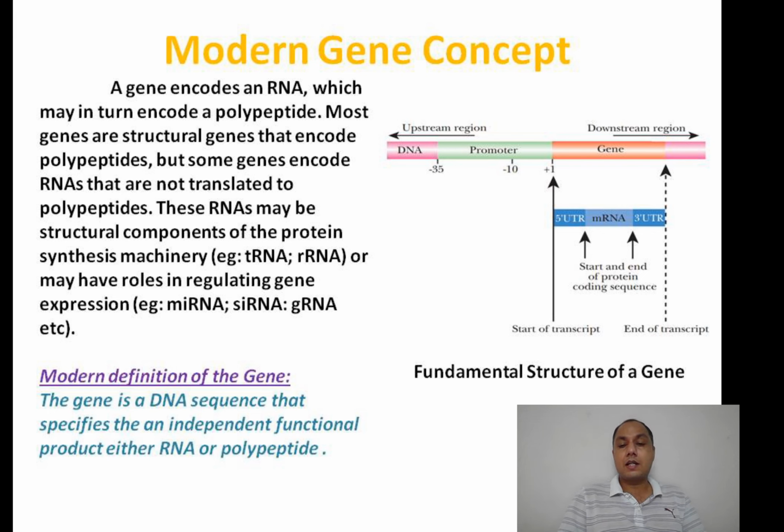Another one, tRNA, transfer RNA, rRNA, ribosomal RNA. Considering these two, tRNA and rRNA have a role in the protein synthesis machinery. And these three are at least three regulatory genes.